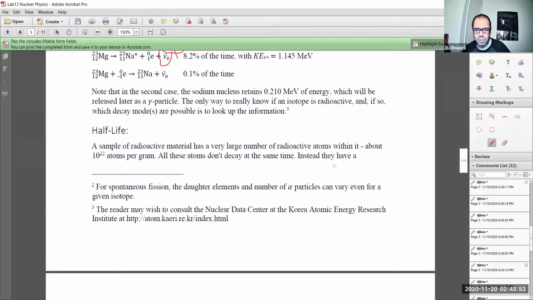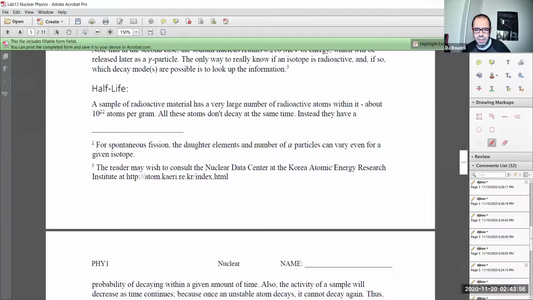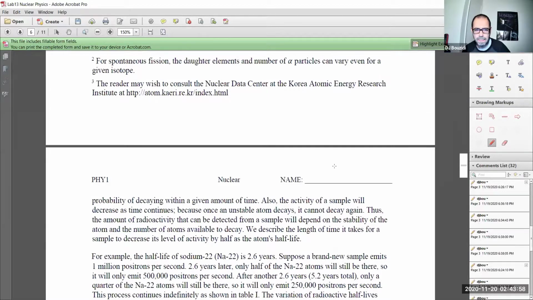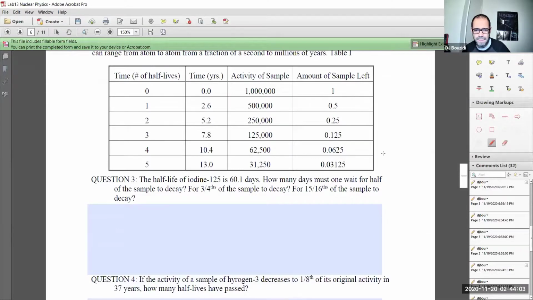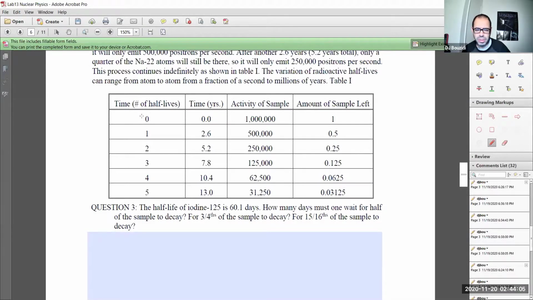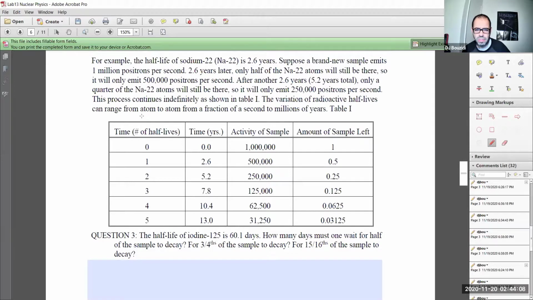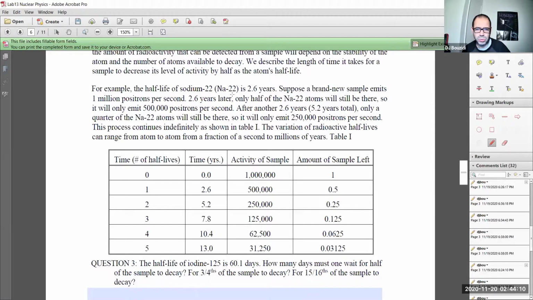So here is an example. Sodium takes 2.6 years to lose half of its substance. So at year 0, the beginning, let's say you start with a 1 million sample.